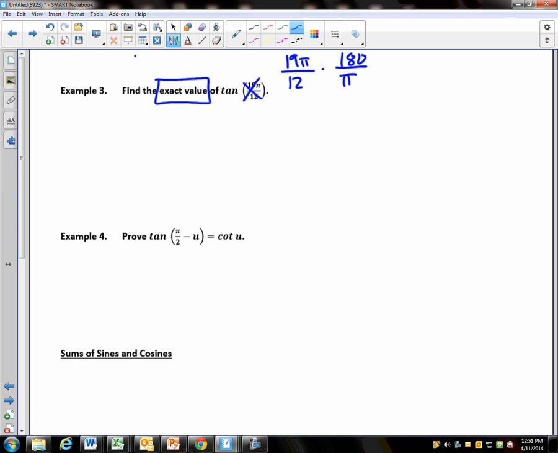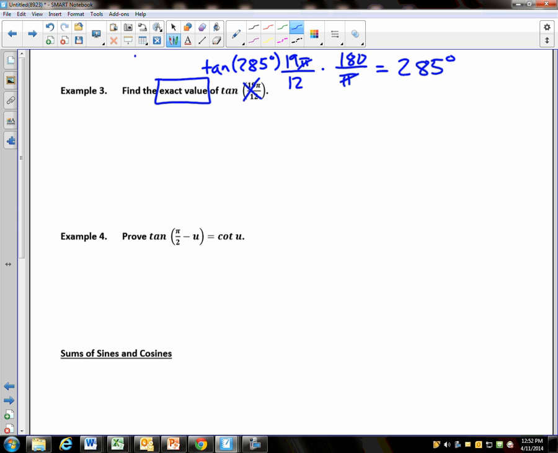So that will turn into degrees. The pi's cancel. 180 divided by 12 is 15, and 15 times 19 is 285 degrees. So this problem changes to the tangent of 285 degrees.